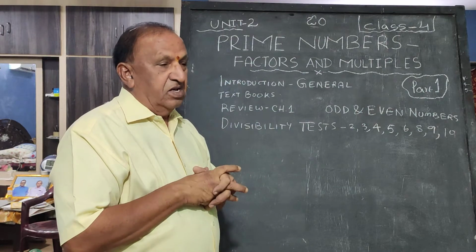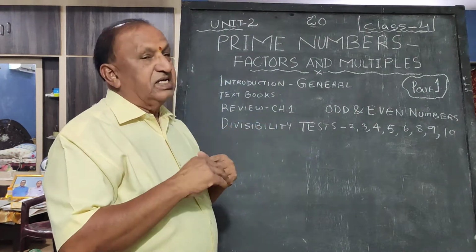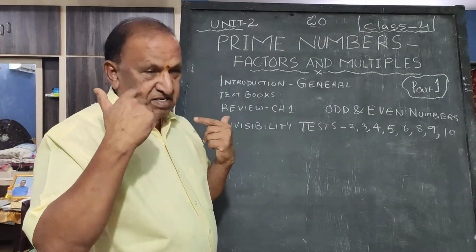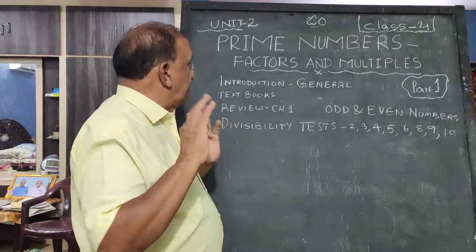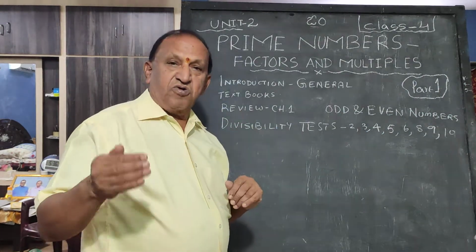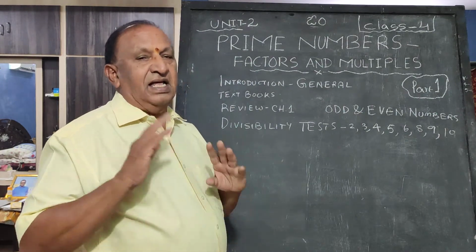Suppose if you take 4, the factors are 2, 4 and 1. That means it has more than 2 factors. So 4 is not a prime number and that is a composite number. But we will study that a little bit more in detail later.